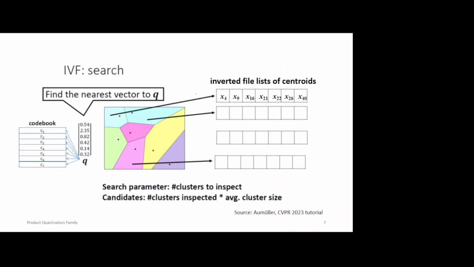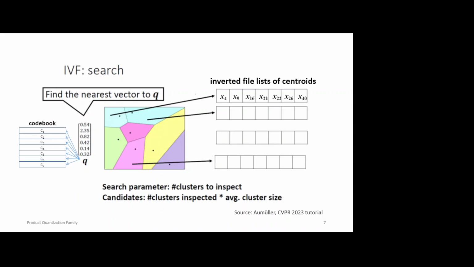And after that, if we perform a search in this inverted file index, given a query vector Q, first we have to compute the distance to all the centroids.